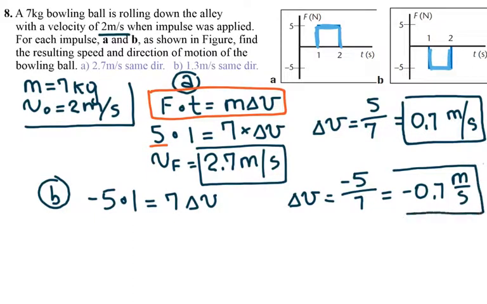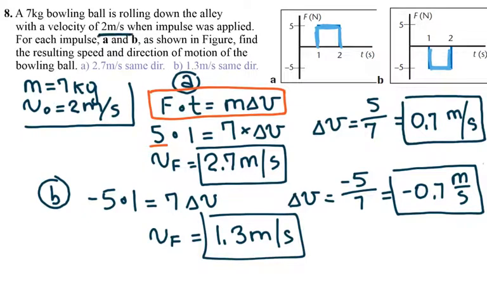Because the force is negative, a stopping force, not an accelerating force, the final velocity is going to be, we're losing the change of the velocity from the initial velocity. So we get 2 minus 0.7, which gives us 1.3 meters per second. So we had initial velocity 2 meters per second, we lost 0.7 meters per second, so the final is 1.3 meters per second.